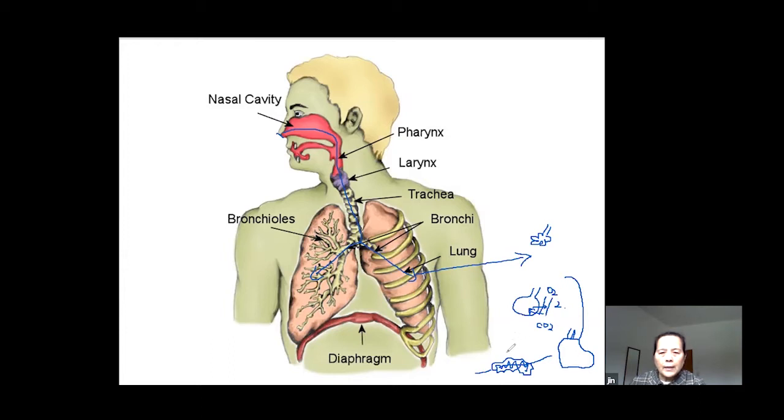I make an enlargement here: that's the capillaries, and an enlarged blood vessel here. The blood flows this way, the artery coming this way, so oxygen is released to the tissue.